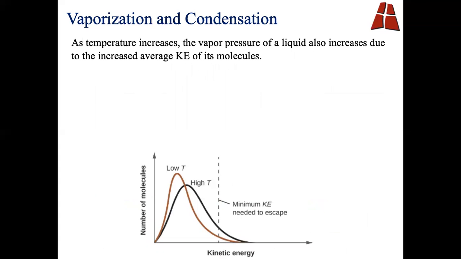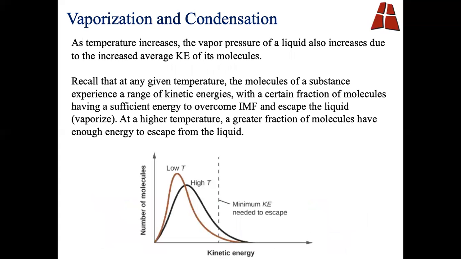We can also think about vapor pressure, or vaporization at least, in terms of temperature. If we increase the temperature of our system, a reminder that the average kinetic energy will go up. And as the average kinetic energy goes up, we will have a larger proportion of our molecules enter the gas phase relative to the liquid one.